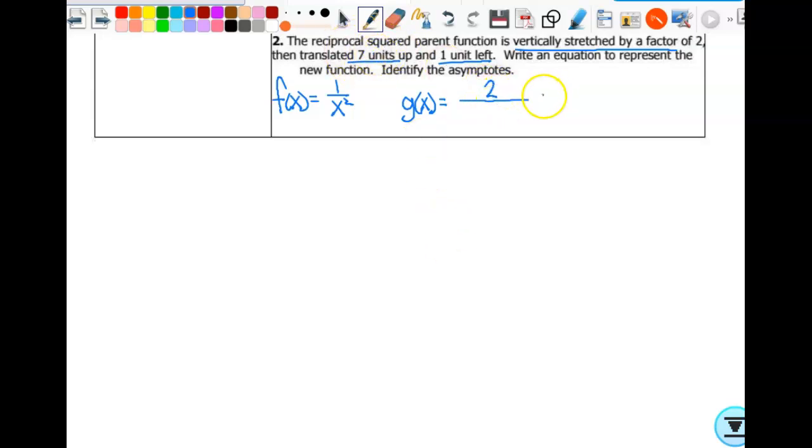Translated 7 units up, so this will be plus 7 out here. 1 unit left, so this will be x plus 1 down here, but then this has to be squared because it's the reciprocal squared function. Everybody okay with where all that came from? All right, so then my vertical asymptote, what's the vertical asymptote here?